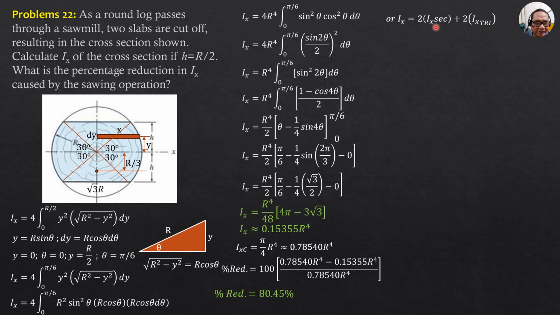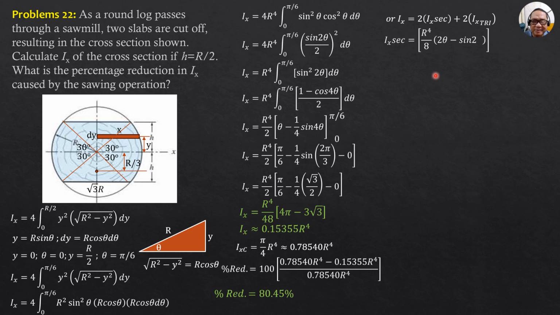For the sector, we have a formula for that: R to the fourth over 8 times quantity 2 theta minus sine of 2 theta, if you can remember, about the x-axis, where theta is 30 degrees or pi over 6 in your calculations here. And Ix of triangle is the moment of inertia with respect to the centroid, which is base times height cubed over 36, plus area of triangle times distance squared, which is r over 3, quantity squared.